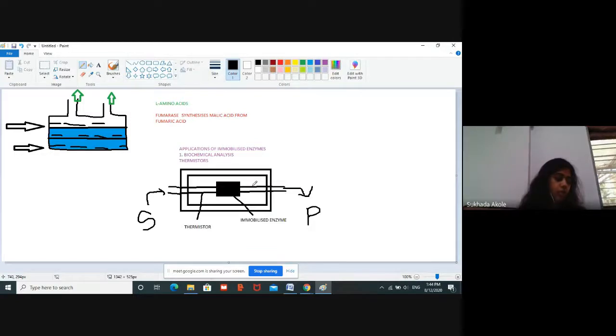If you immobilize alcohol oxidase, you can measure the amount of alcohol, like the alcoholometers that the police use, where they put it in drivers' mouths and check for alcohol content; that is what we have, alcohol oxidase in that device. Then we have another enzyme, penicillinase, which can be used to detect penicillin in any compound. Clear?